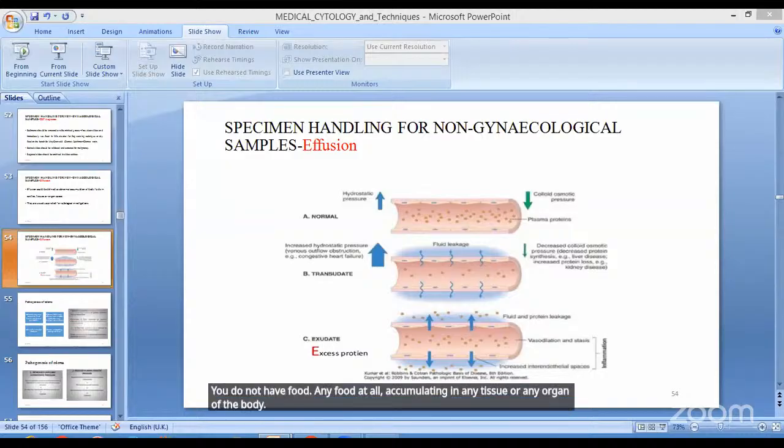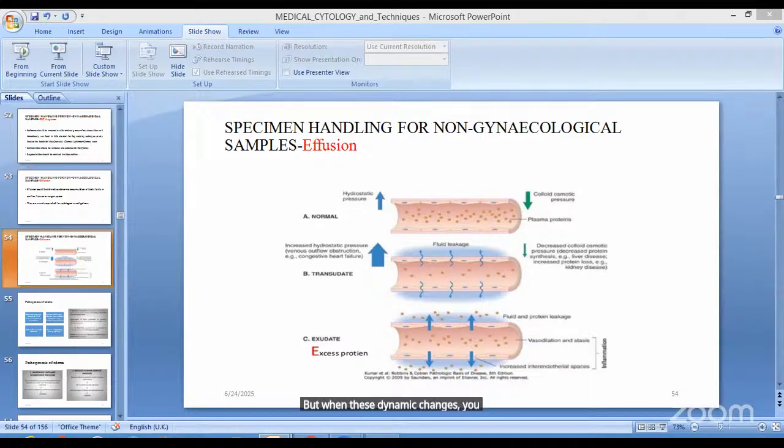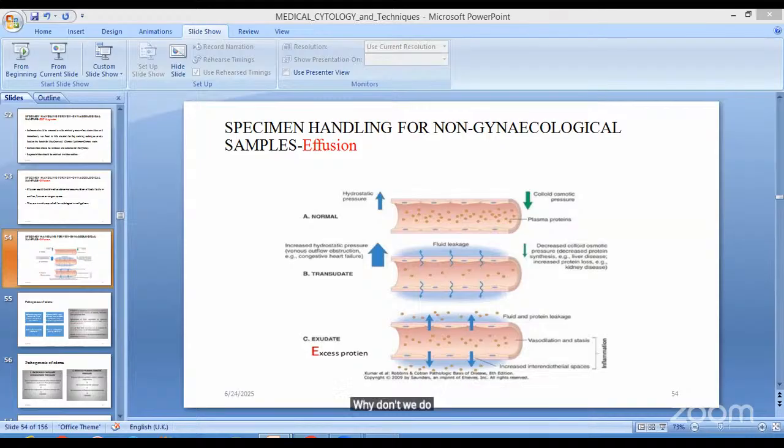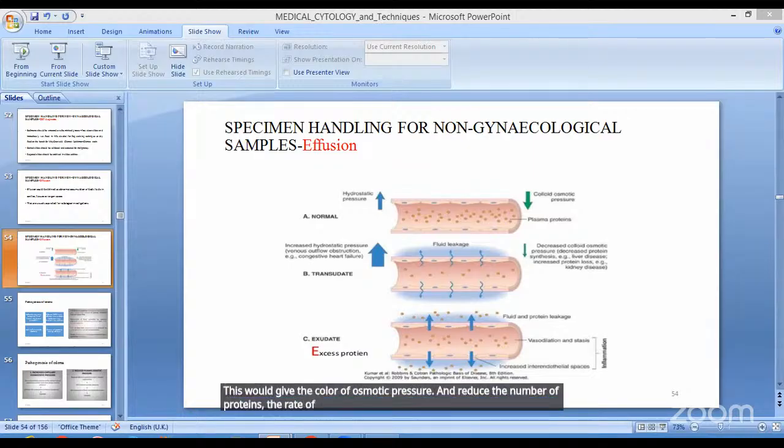But when this dynamic changes, for example, there's increased hydrostatic pressure, as happens in congestive heart failure. This will reduce the colloid osmotic pressure and reduce the rate of protein synthesis.